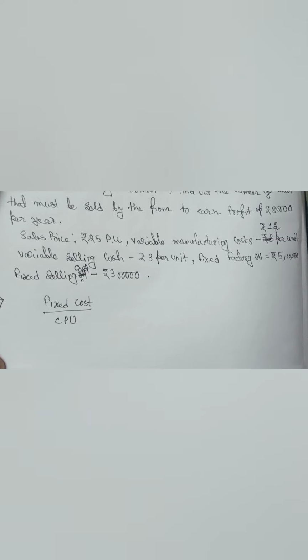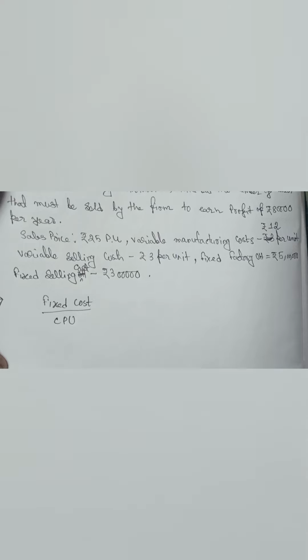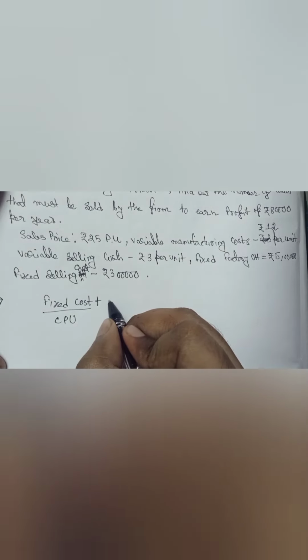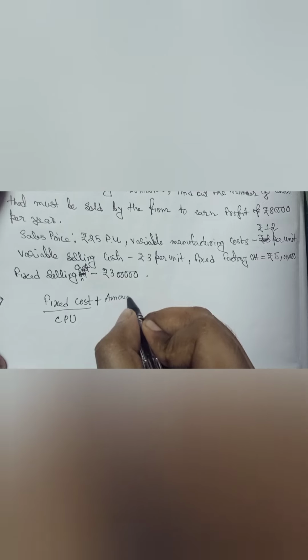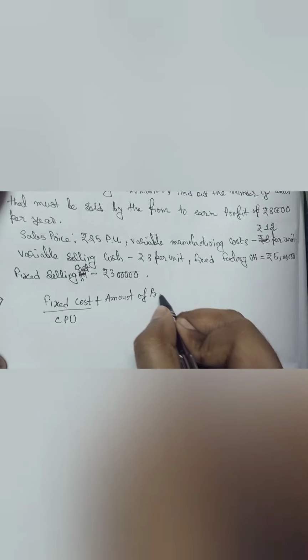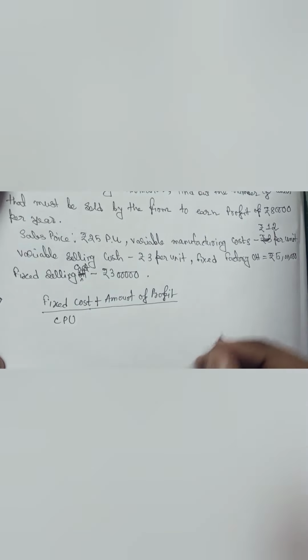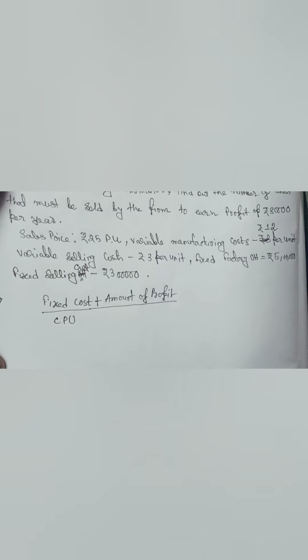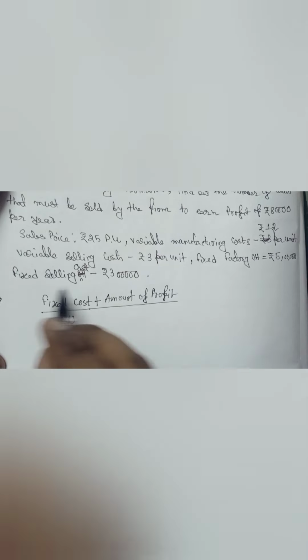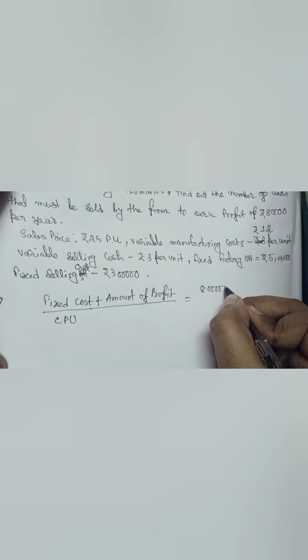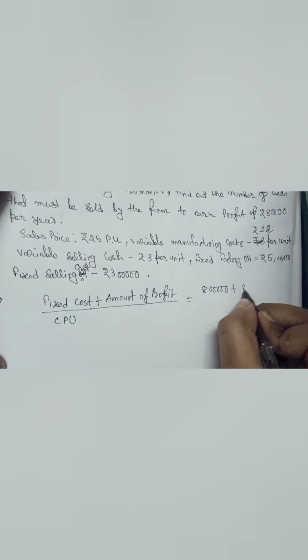So whenever the question tells you to calculate the number of units that must be sold to earn a particular amount of profit, we just add that amount of profit to the fixed cost. So here fixed cost we already know: fixed factory overhead 5 lakh and fixed selling cost is 3 lakh. So total fixed cost is 8 lakh and amount of profit is 80,000.